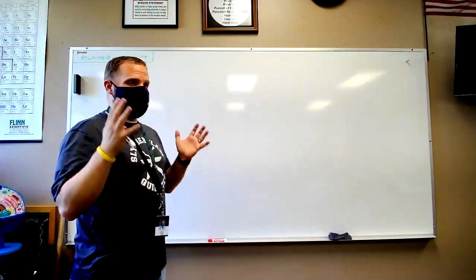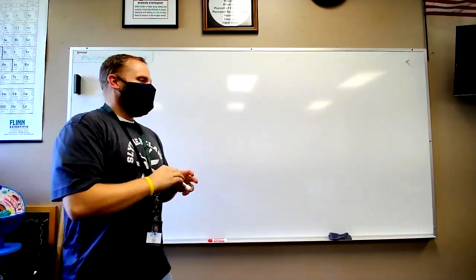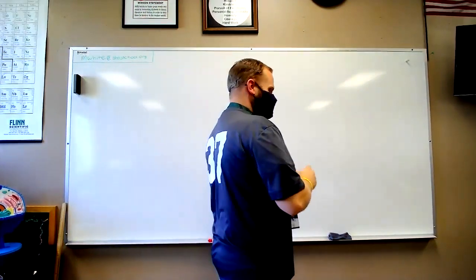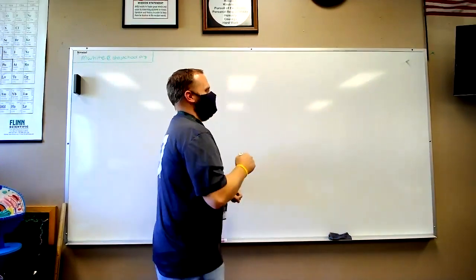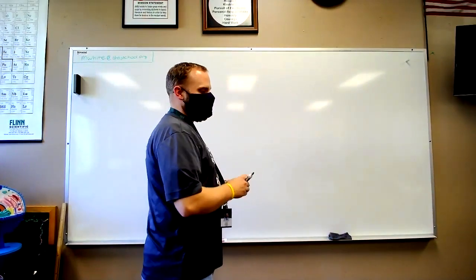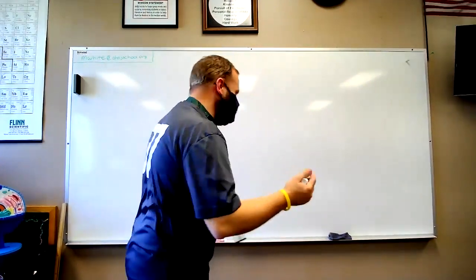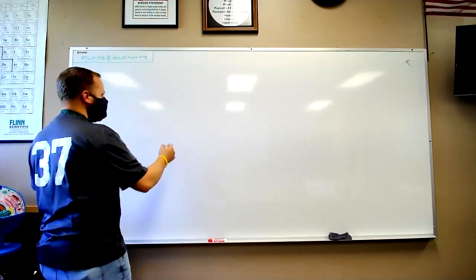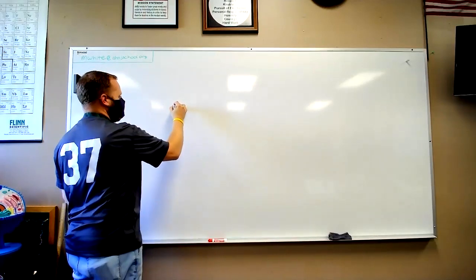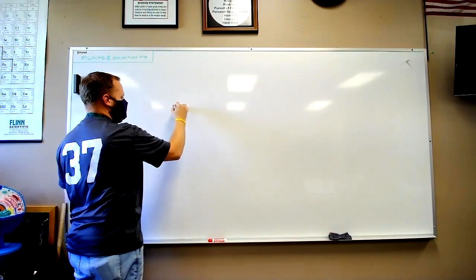So to review electron configuration, what we need to remember, there's a few things. First, we just kind of need to remember what atoms look like. So we've got the nucleus, which has the protons and the neutrons and all of that.